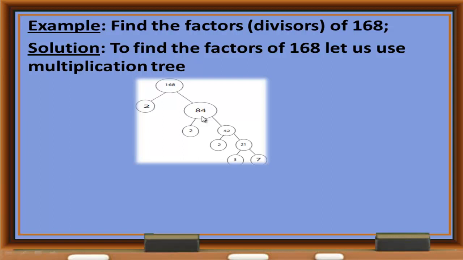Again, 84 divided by 2 is 42. 42 divided by 2 is 21. 21 divided by 3 is 7. This one is called a multiplication tree.